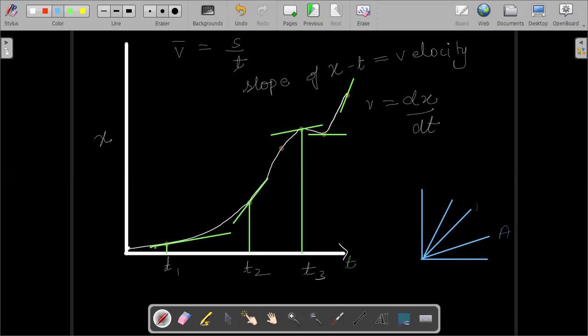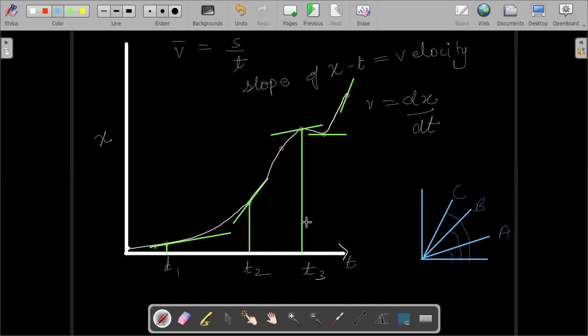Now the inclination of graph A to the x-axis, inclination of graph B to the x-axis, and inclination of graph C to the x-axis. So which one has the greater inclination? Graph C? Yes, C has a greater inclination. So C has the maximum slope.